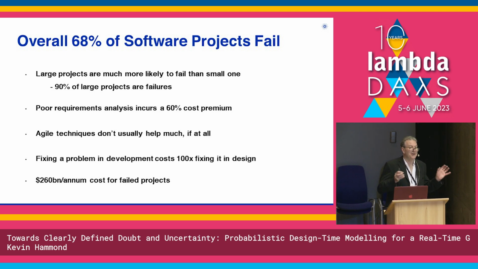Sorry, guys, but Agile is not very helpful in making your project succeed. If you fix a problem in development, it costs 100 times the cost of fixing it in design. And overall, there's about $260 billion per year cost for failed projects. So this is a major, major problem.